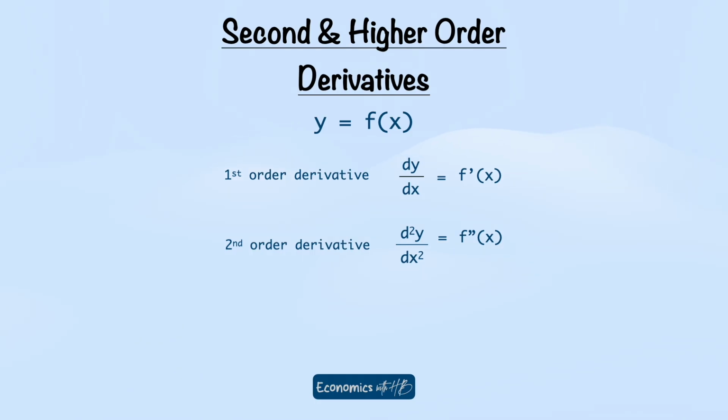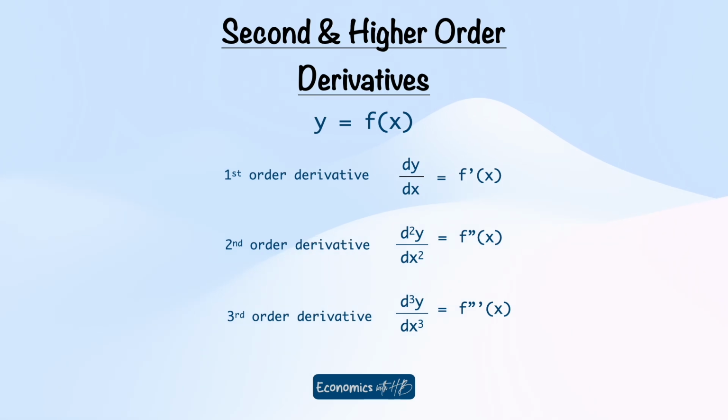If we differentiate this second order derivative with respect to x again, we get the third order derivative d3y by dx cube or f dash dash dash x and so on. This process of differentiating more than once is called successive differentiation.